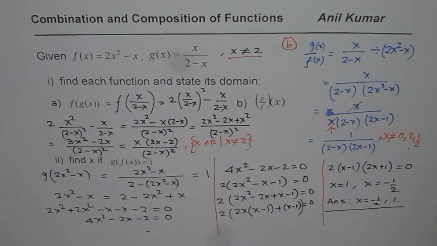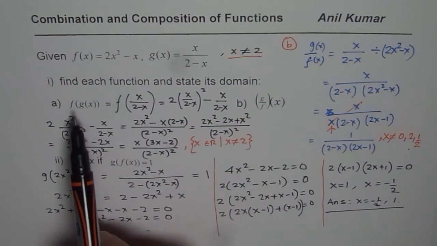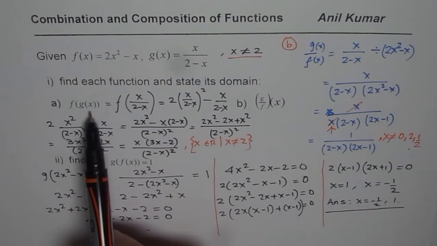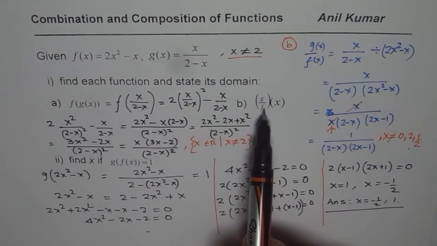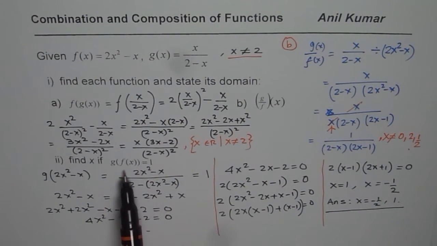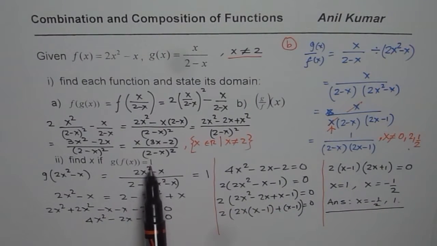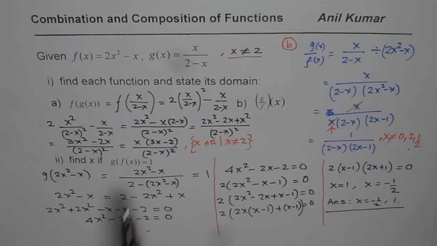I hope you understand and appreciate how we did this question. We first did composition of two functions, then we did combination of two functions, that was quotient form, dividing one by the other. Then we found the x value for which the given y value could be found, right?